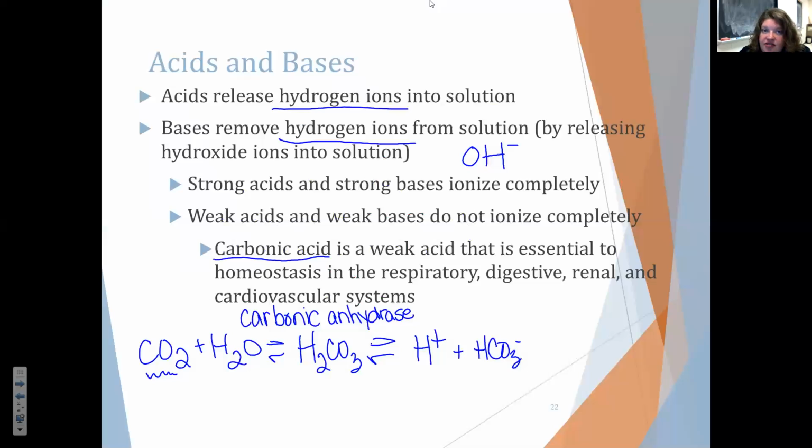This is how your respiratory system maintains acid-base balance of the blood. This is one way that the urinary system contributes to acid-base balance of the blood. This is going to be a major homeostatic mechanism that we're going to talk about.